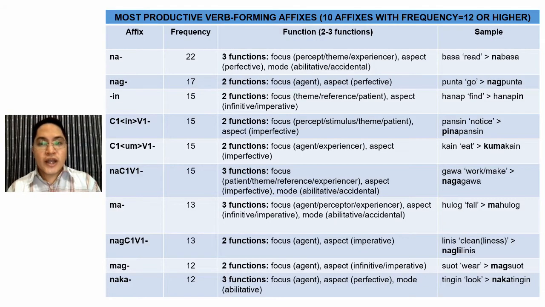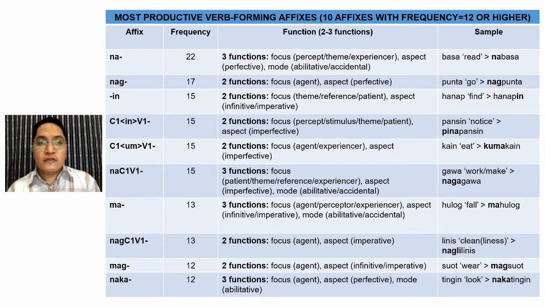Of the 10 most frequently used verb-forming affixes, the least ones had a frequency count of 12, while the most frequently used affix, the prefix na, has a frequency count of 22. The affixes presented in the table, as in most of the verb-forming affixes in the map, have at least two functions, focus and aspect.